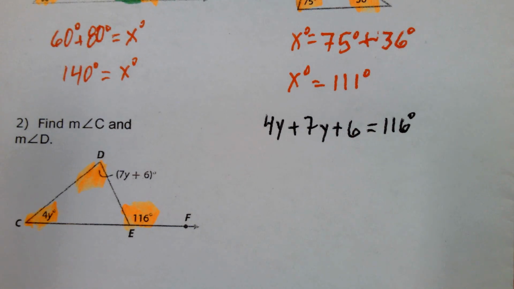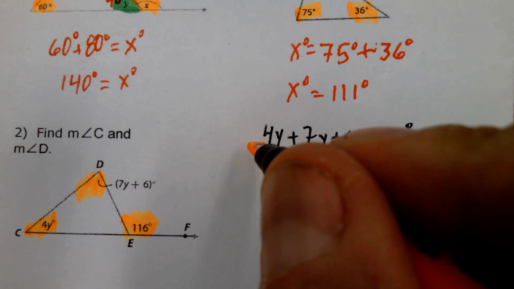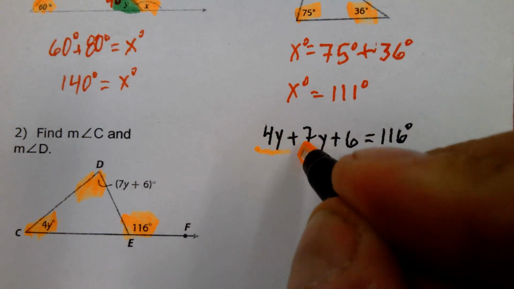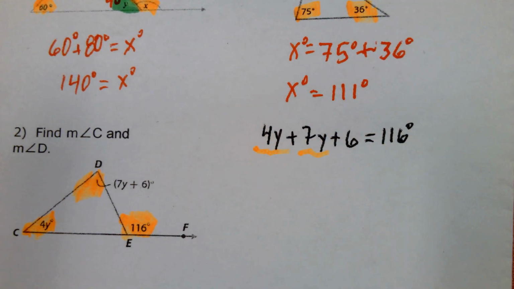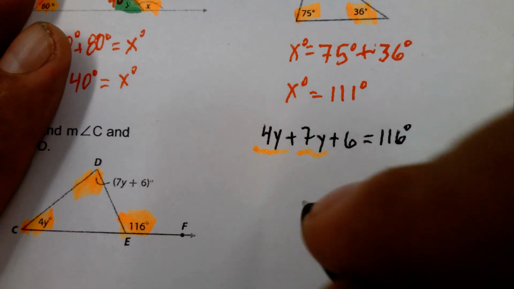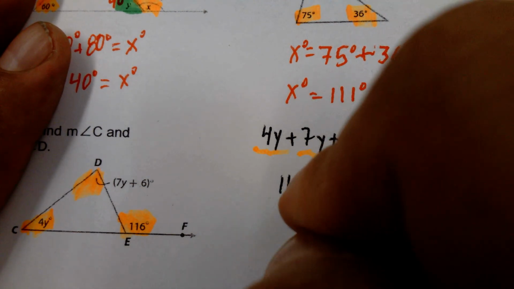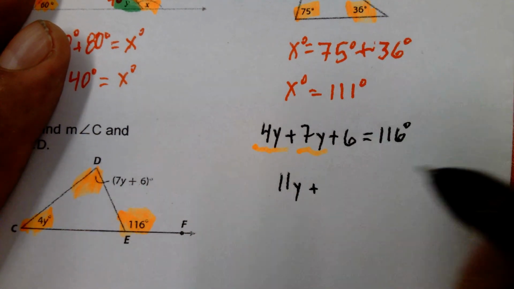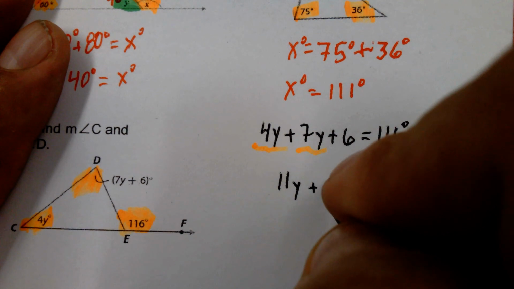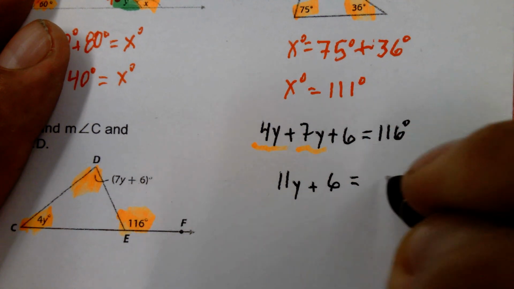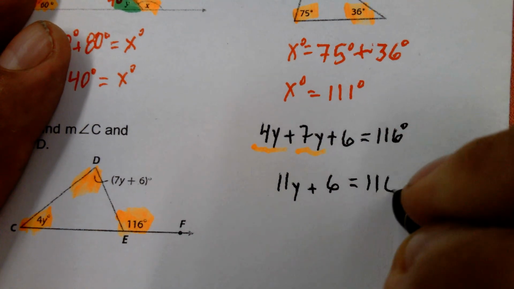And then we just combine the like terms. 4y and 7y, let's see, that's 11y plus 6 equals 116.